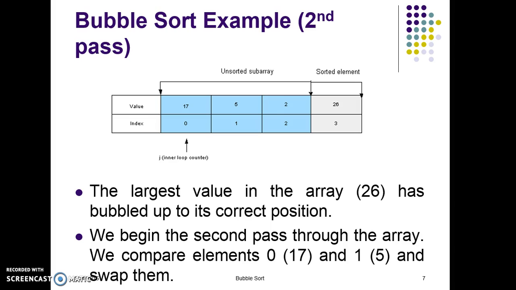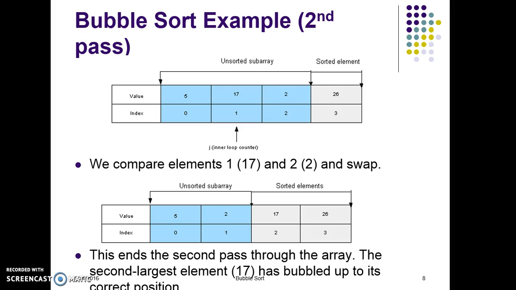In the next pass, j will point to the first element. I compare the first two consecutive positions, 17 and 5. They are not in the correct order, so I swap them, and the array becomes 5 and 17. In the next iteration of the inner loop, I compare the consecutive elements from the second position to the third position, 17 and 2.